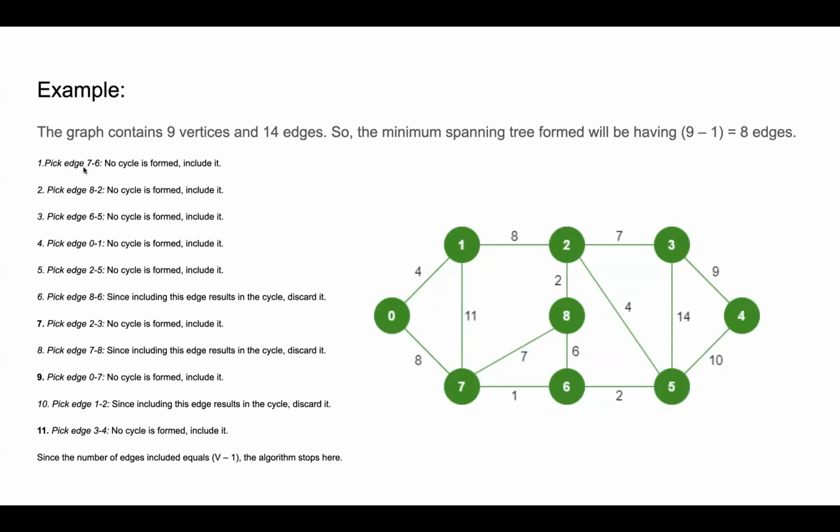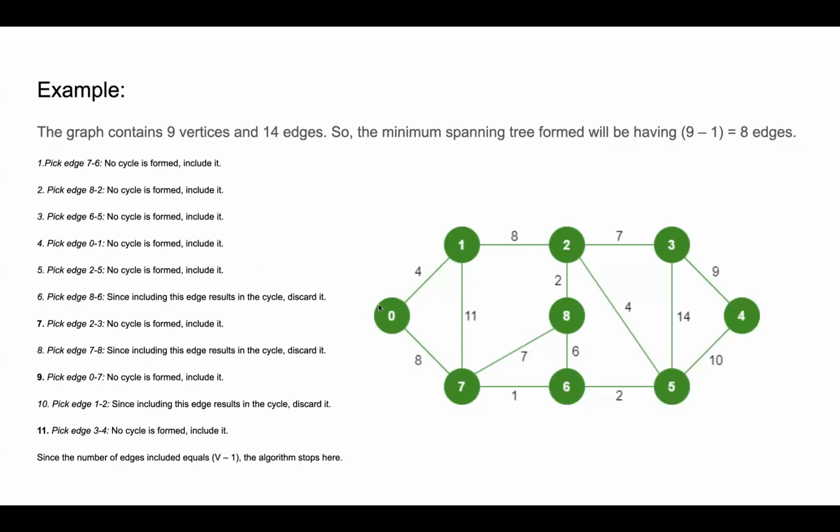Here are all the stages we are going through. We first took this 7 to 6 with value 1, then took 8 to 2. Here it is 8 to 2, it is also 2. Then 6 to 5, 6 to 5 is also 2.